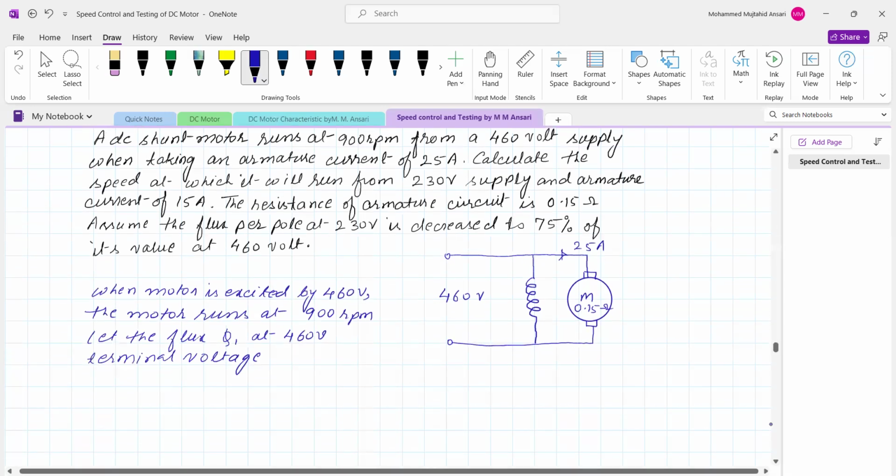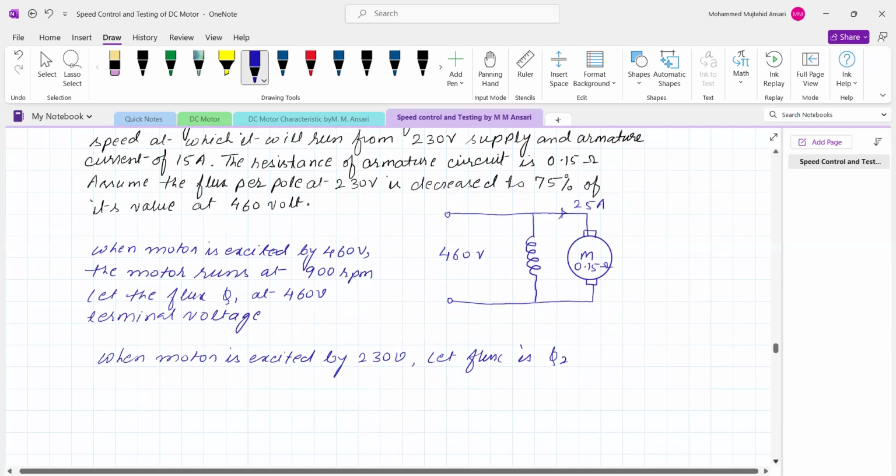Now, when the motor is excited by 230 volt, let the flux be phi2.